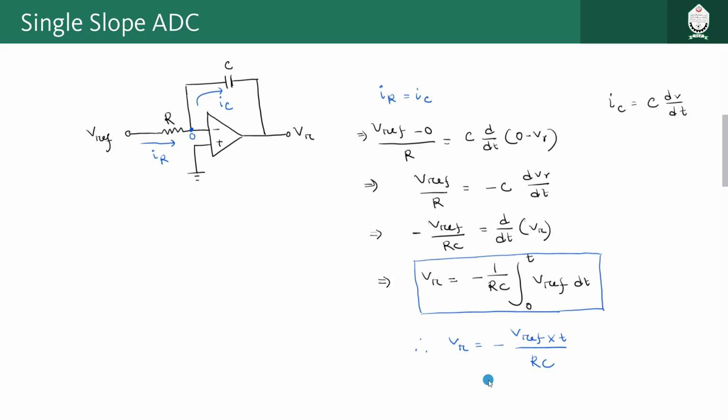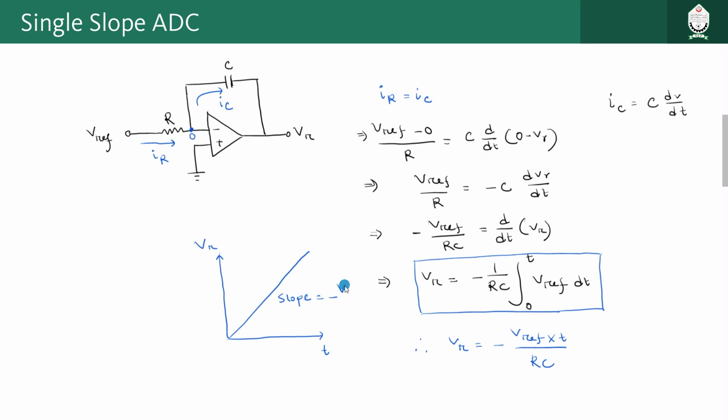So if Vref and RC, these things are constant, then we can say VR is proportional to T. So as the time progresses, VR will increase, so kind of like a positive slope, right? So we are going to get a graph like that, where with respect to T, our output voltage is increasing in this manner, and the slope of this increase will be equal to what?